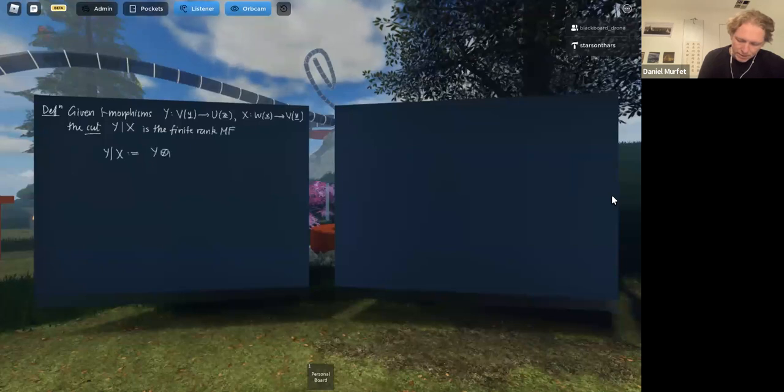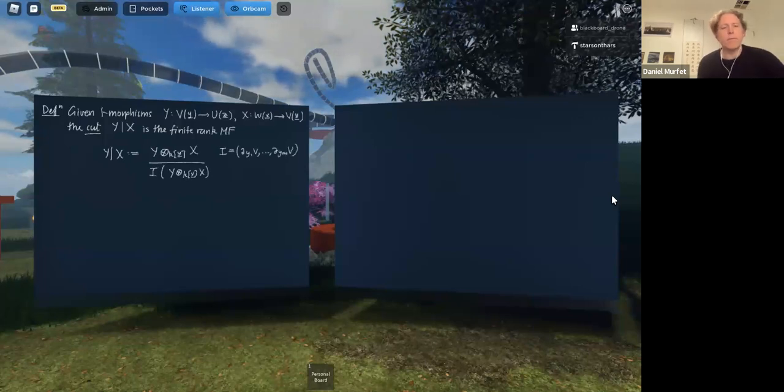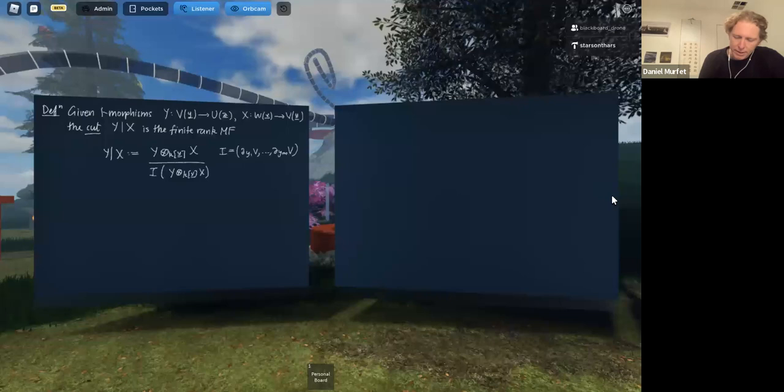So I take the original tensor product, but I mod out by the action of the Jacobi ring, or the Jacobi ideal, of the intermediate variable. By hypothesis, the Jacobi ring is finite rank free over K, so that's why this ends up being a finite rank object over that ring.